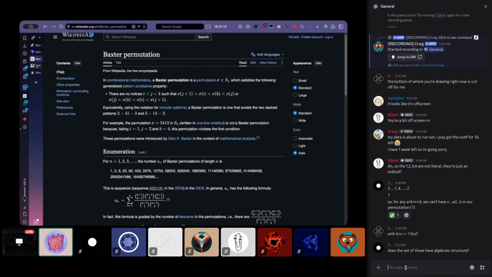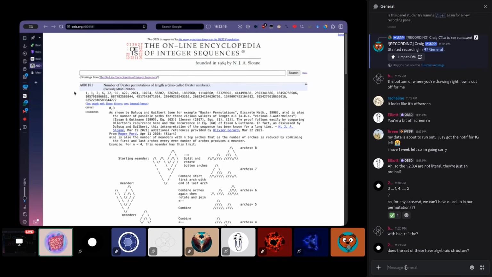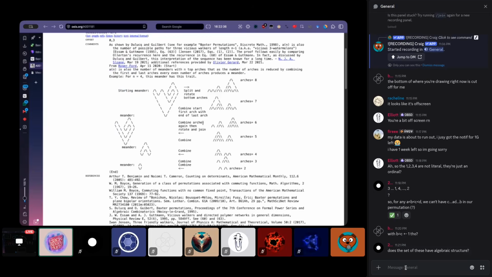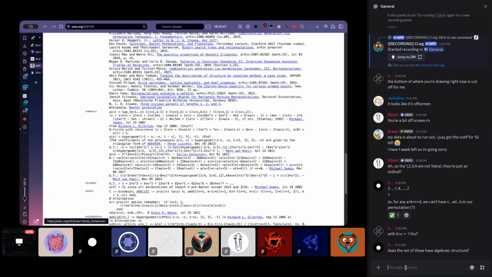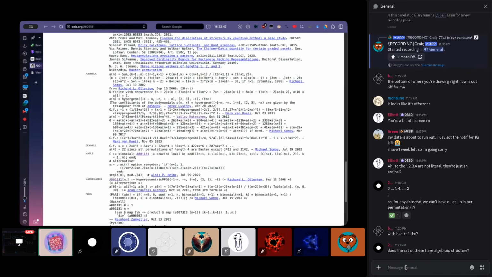But yeah, so these are the sequences, and the number of permutations grows pretty big. However, you would notice that the total number of permutations scales by n factorial, right? But this particular sequence scales by a power of roughly, I think, 8 to the power n.